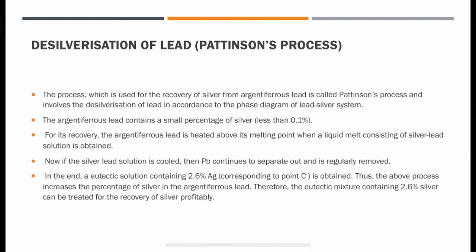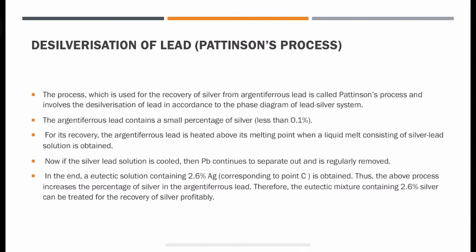The lead should be argentiferous. The argentiferous lead contains a small percentage of silver, less than 0.1%. For the recovery, the argentiferous lead is heated above the melting point, when a liquid melt consisting of silver and lead solution is obtained.